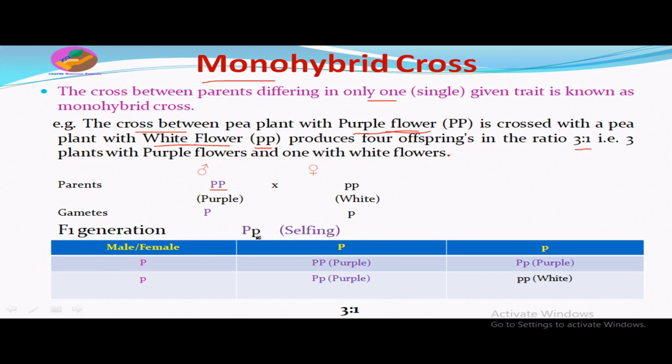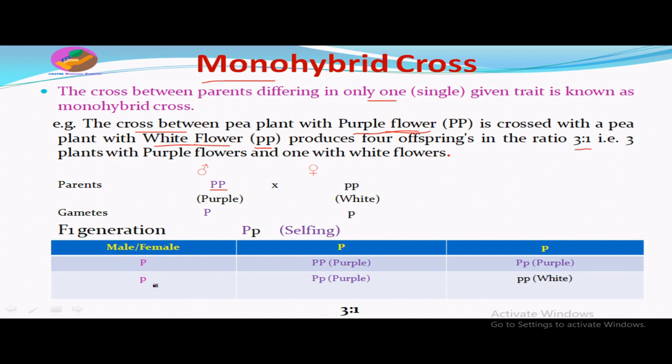Here you can note that though both alleles are present, only one allele, the purple colored one, is expressed, and the other allele, the white colored small p allele, is totally masked because of the dominant allele capital P. If selfing, or inbreeding, of this F1 generation is carried out, then what will happen?